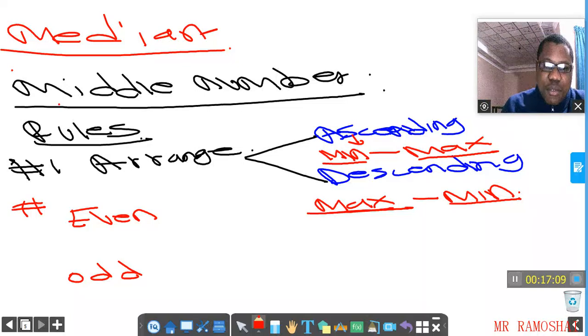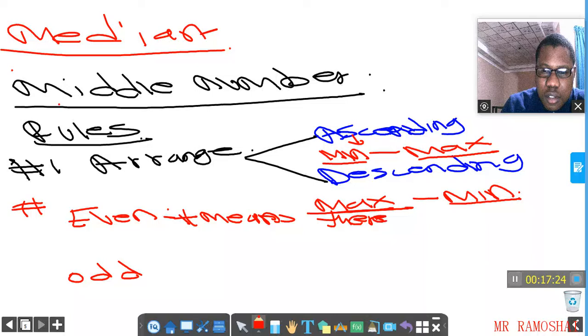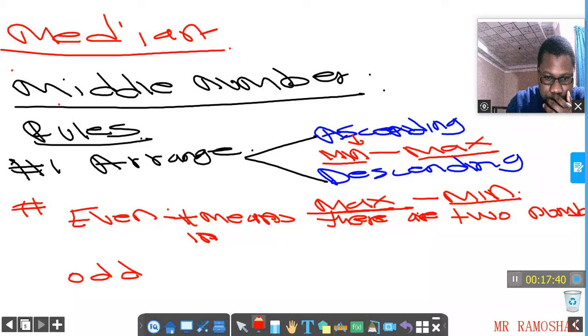So if your data is even, what does it mean? It means there are two numbers in the middle. I am not saying there are two middle numbers.